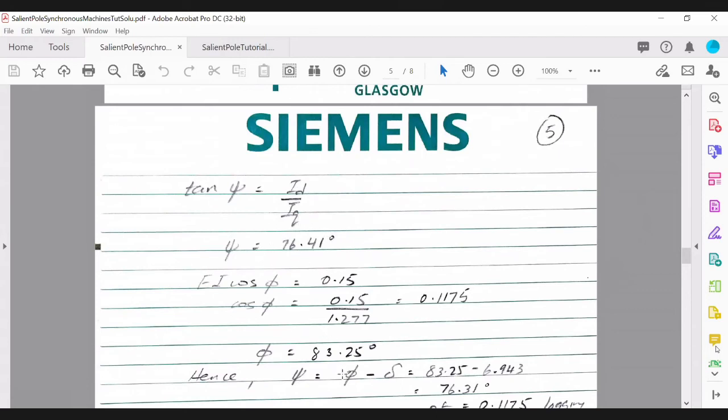And as we know the motor is delivering a power of 0.15 per unit, I've also equated EI cos phi to be equal to 0.15 and solved for the angle phi.